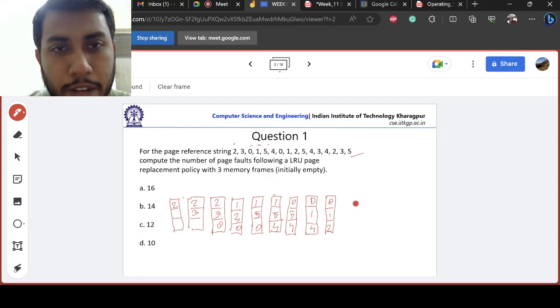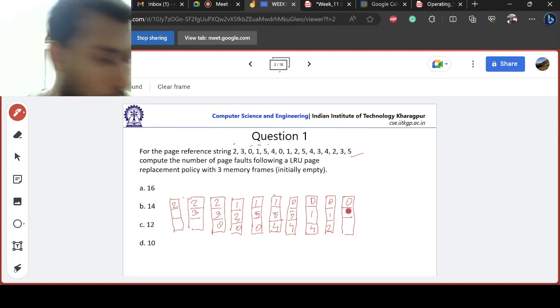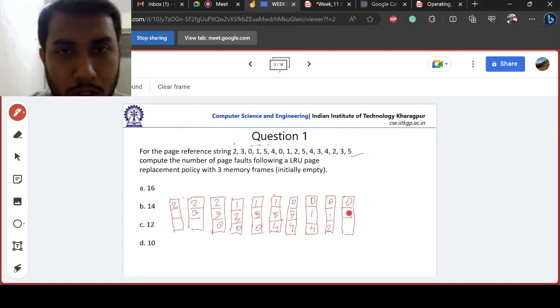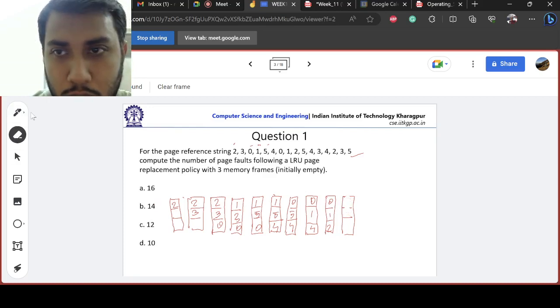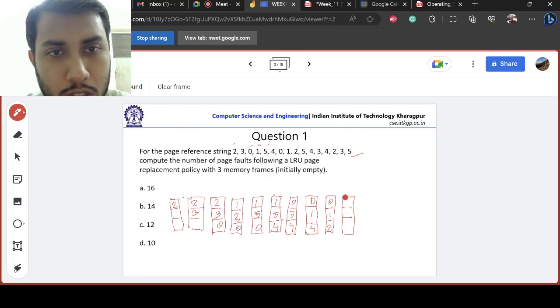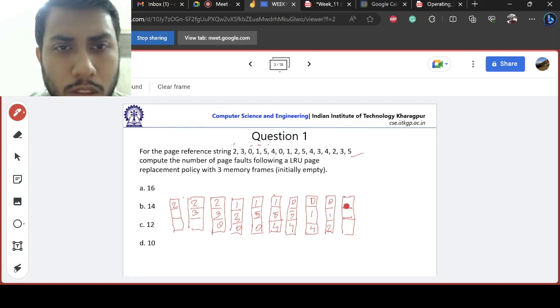Then similarly 5 comes. Which one is the least recently used? 0 is replaced, sorry. 5, 1, 2.